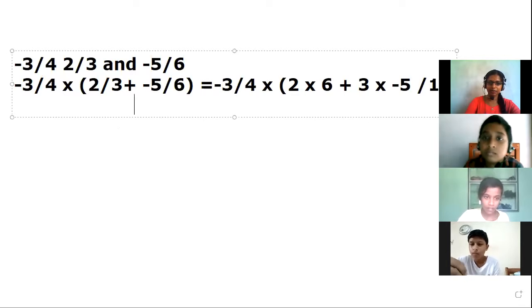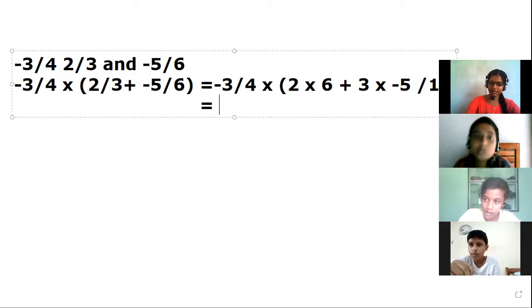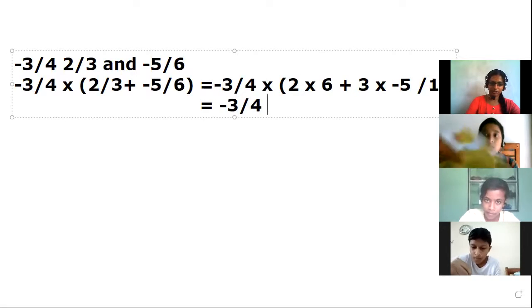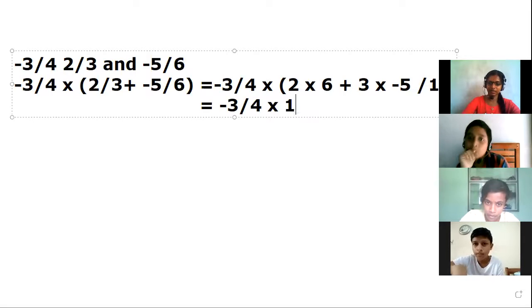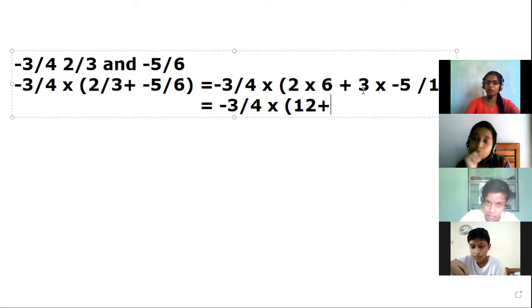Then this can be written as minus 3 by 4 into the fraction with numerator 2 into 6 plus 3 into minus 5. What is 2 into 6? It is 12. What about 3 into minus 5? It is minus 15. And our denominator is 18 itself. Clear? Yes.